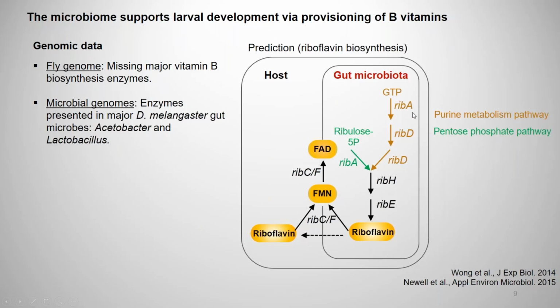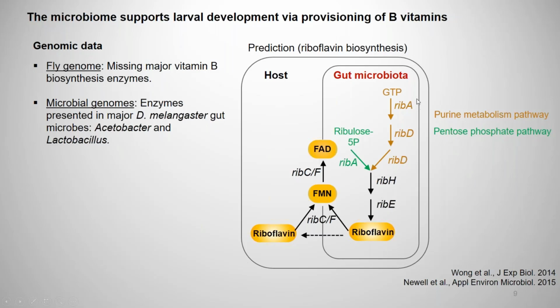We found that many of the genes that encode enzymes involved in B vitamin biosynthesis, such as riboflavin, one of the most important B vitamins, are present in the genomes of the gut bacteria in the flies. Many of them are absent in the fly genome.